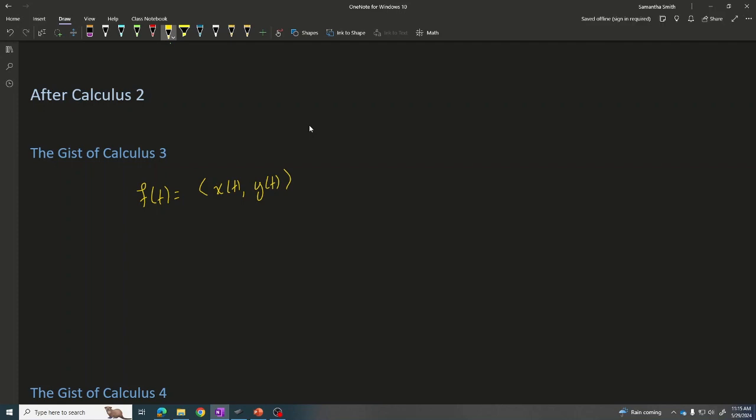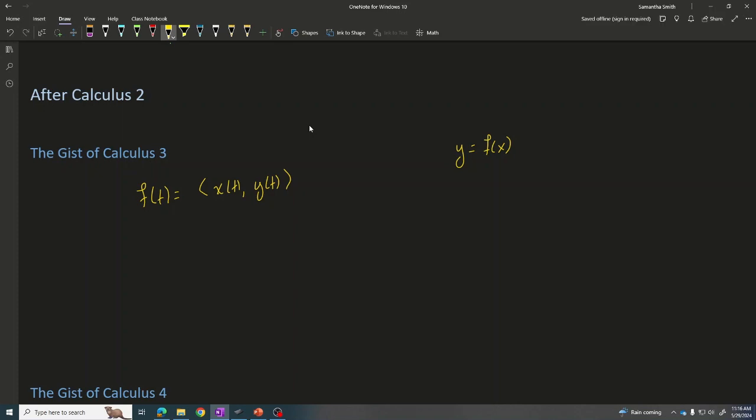You know, in Calculus 1 and 2, we're used to dealing with this function where you plug one number into the function and you get one number out. In Calculus 3, you're introduced to this idea of a function where you plug one number in and you get multiple numbers out.